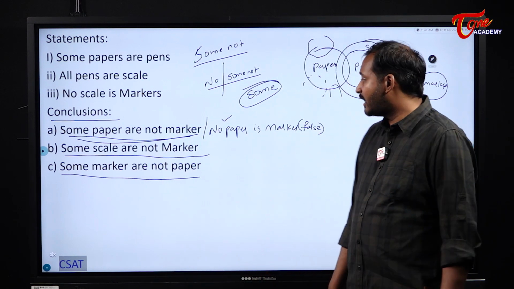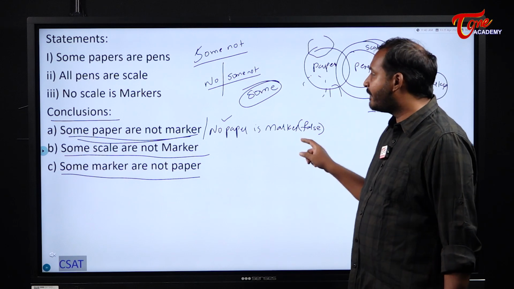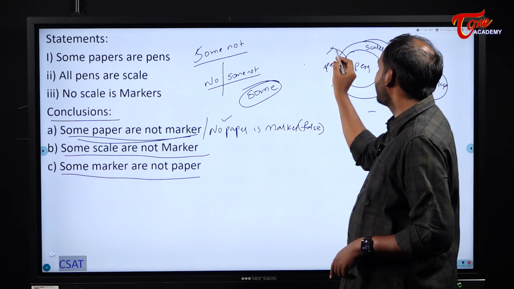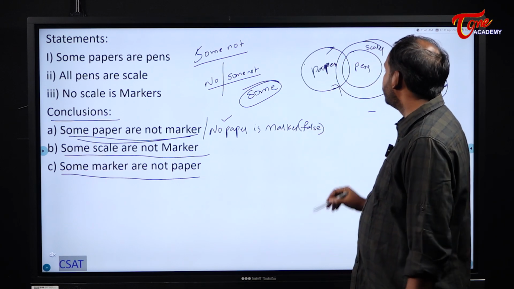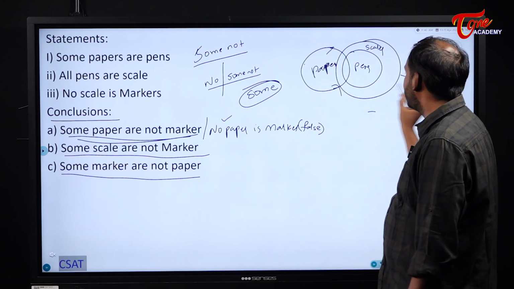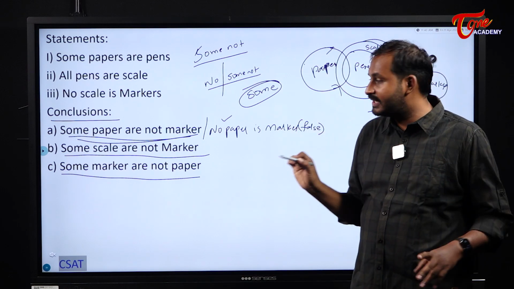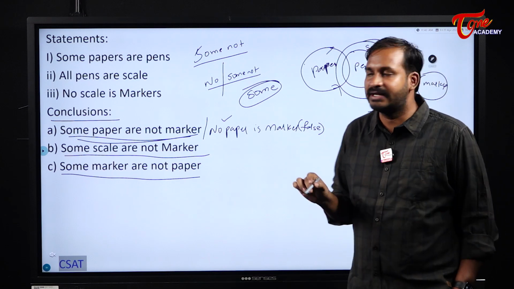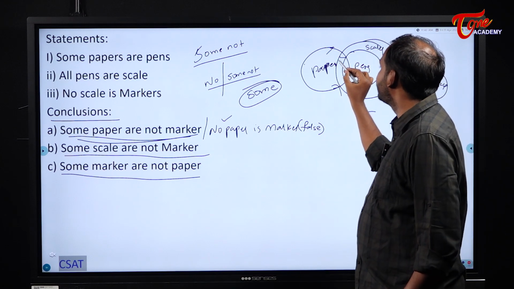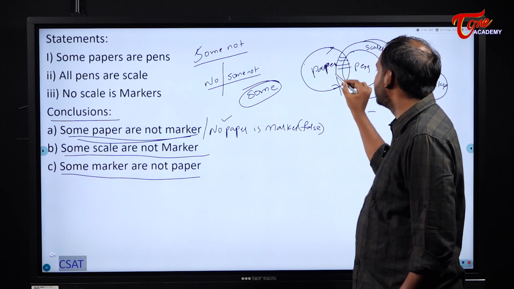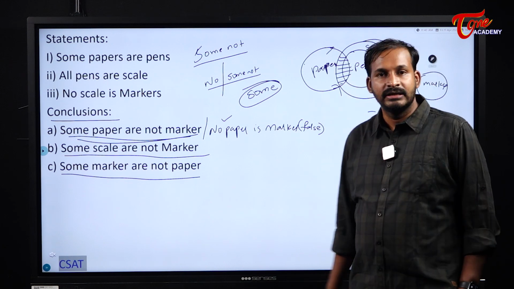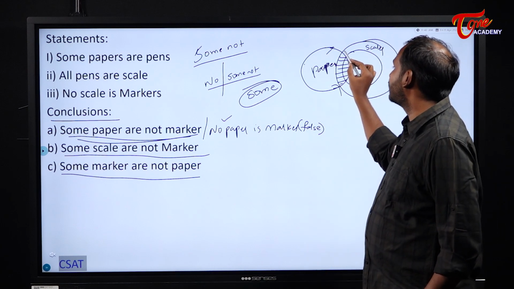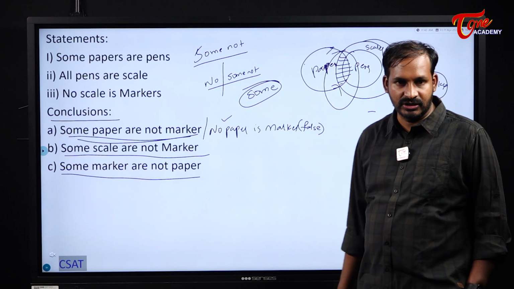Okay, sir. So in case of no paper is a marker, I put marker wherever I want on the paper, here, here, wherever I want. But in case of some not, where should I draw marker? What is the intersection portion of paper? This is the intersection portion of paper, and I should draw this marker on this intersection portion only.